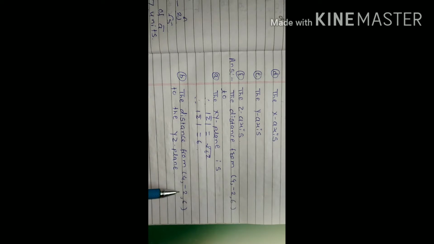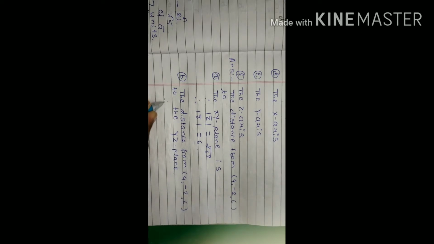Y and z are -2 and 6, and the remaining coordinate is x. Therefore, the modulus of x is equal to under root 4 square. The square and root cancel, and we get modulus of x equal to 4.